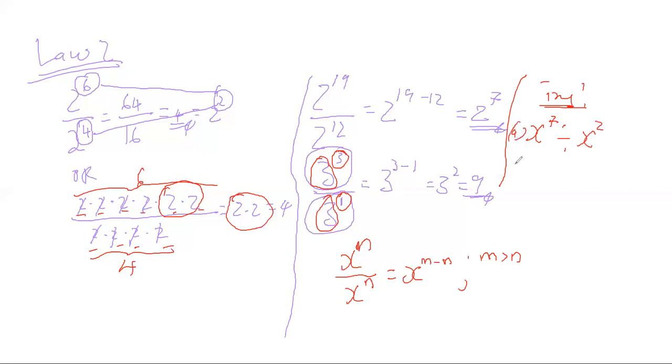Try that. And secondly, what about x squared y cubed divided by y to the exponent 2? Think about it. We meet in the next video to discuss these examples.